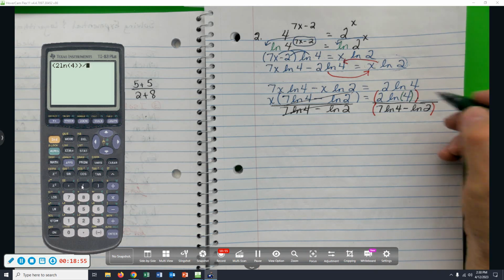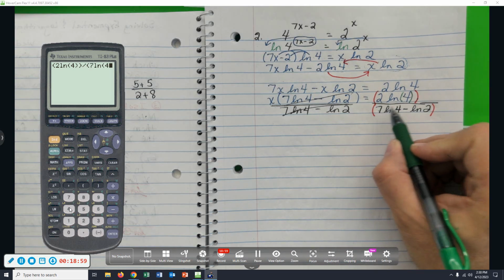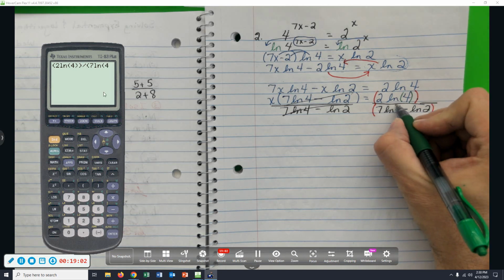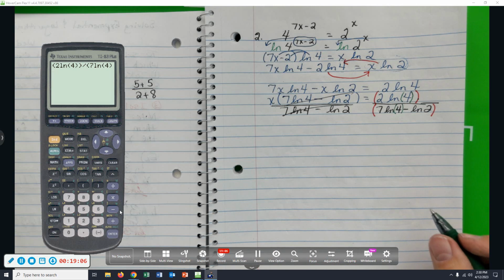Divided by, left parenthesis, 7 ln 4. It opened parentheses, so I close the parenthesis. Minus, and realize that thing right there is a minus. Don't use the negative sign.